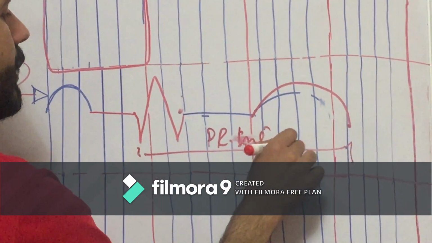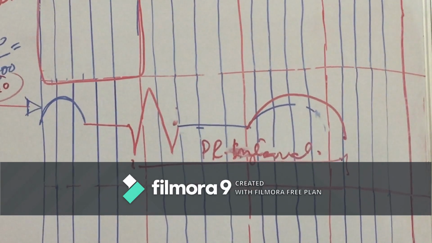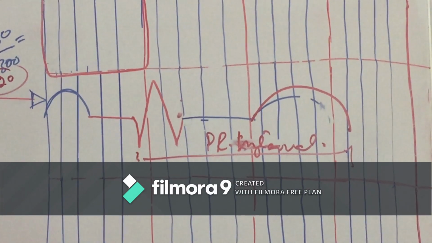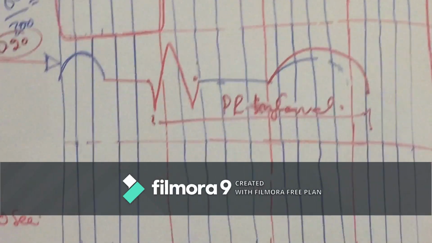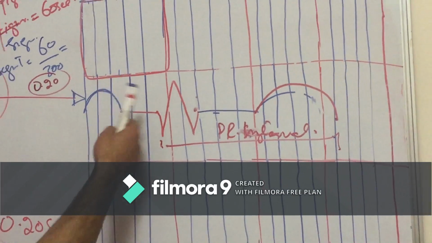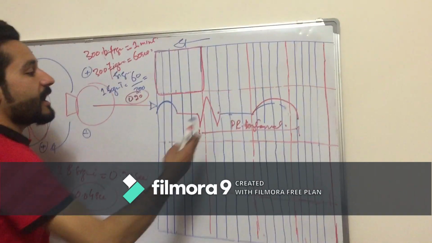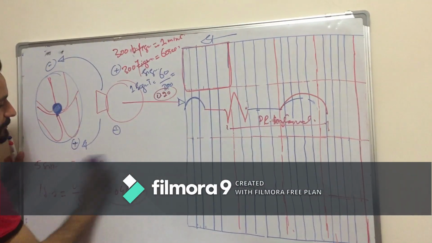The PR interval will occupy how many small segments? 10 small segments. Now we will calculate how much time the P wave takes, how much time the PR segment takes, how much time the QRS complex takes, or the PR interval.